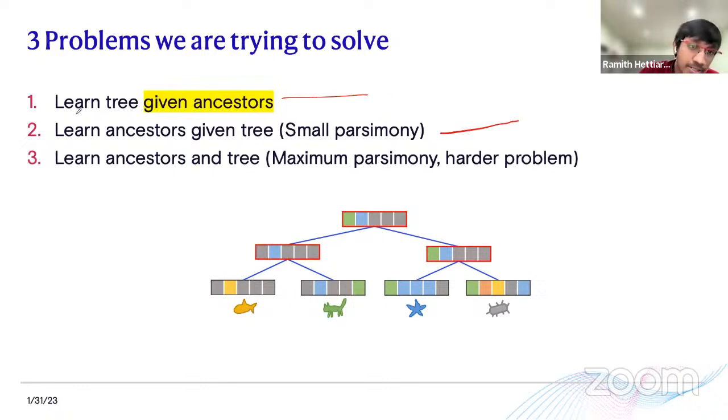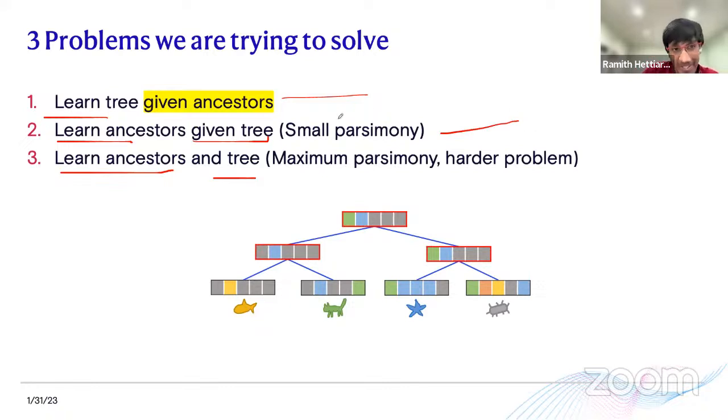The first task is, if we know the ancestors, can we find the tree? That's a very simple problem. If we know the ancestors and the leaves, leaves are of course given, can we find the tree? The next problem is, given a tree and the leaves, can we find the ancestors? The last task is the hardest problem. Learn the ancestors and the tree both, given the leaves.